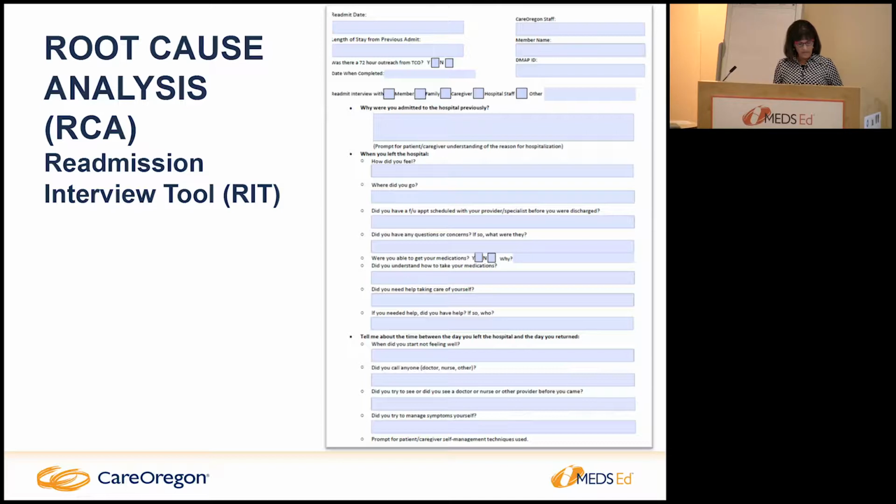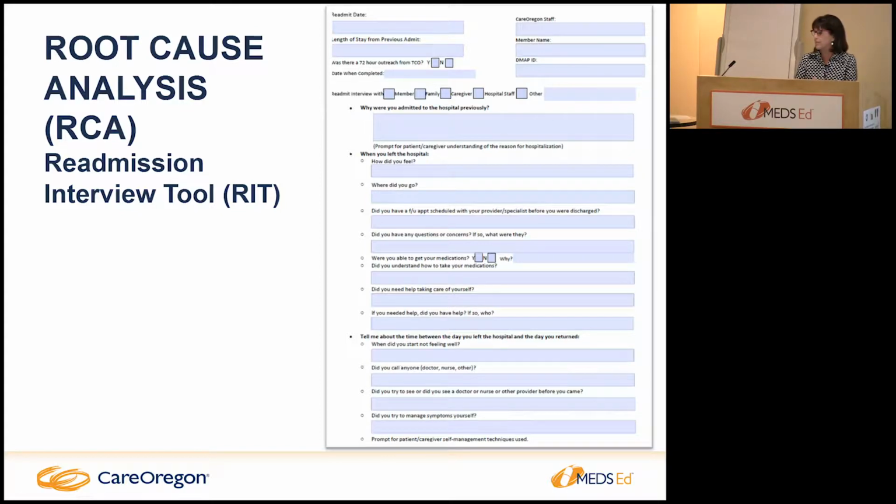One of the most useful tools, I think, in looking at how we prevent readmissions is to use root cause analysis. And we're all familiar with what that is. There are a lot of different tools. IHI and this group, the AHRQ, have developed some tools.